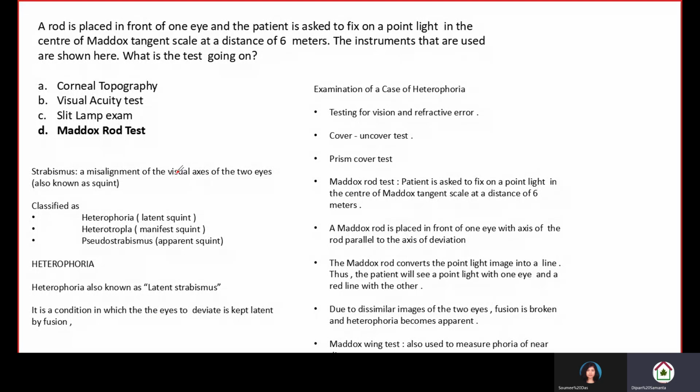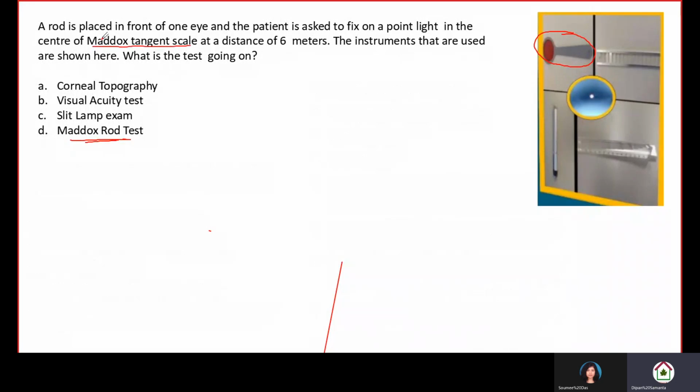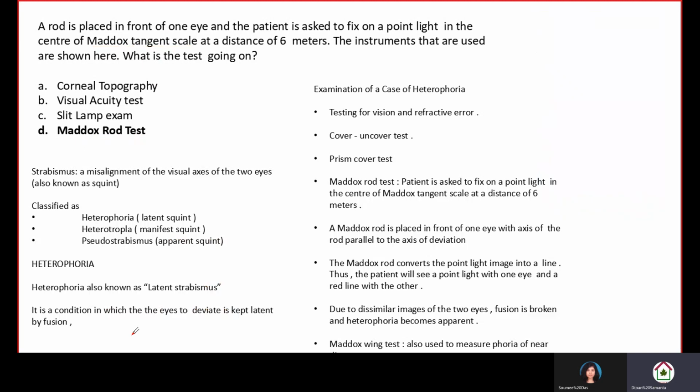Just matching Maddox scale to Maddox rod test is not the way, because if we follow this type of strategy there is a chance of mistakes. So we need to know the actual test, what is going on. So anyway, this is the Maddox rod test.